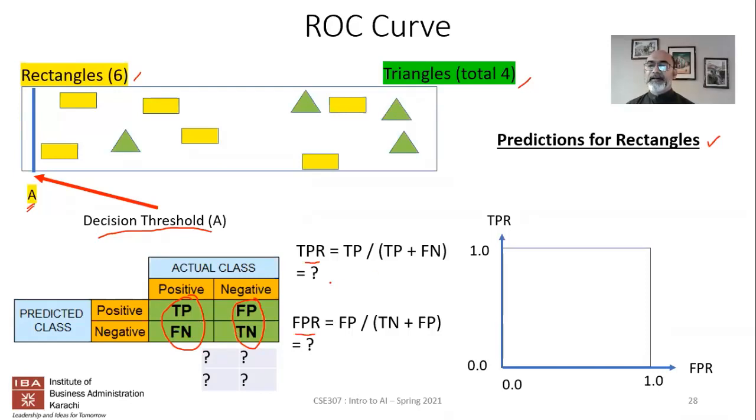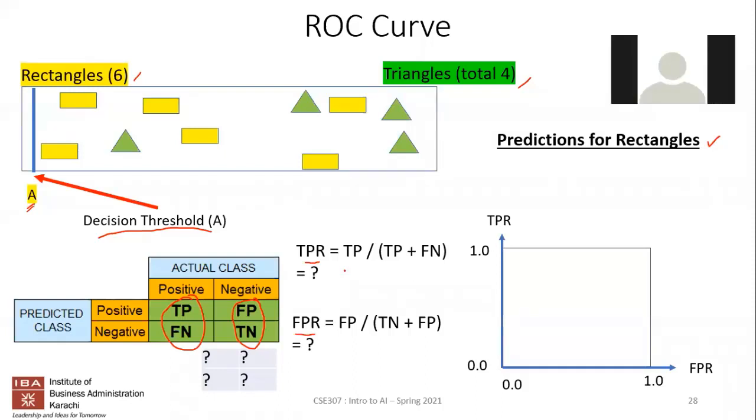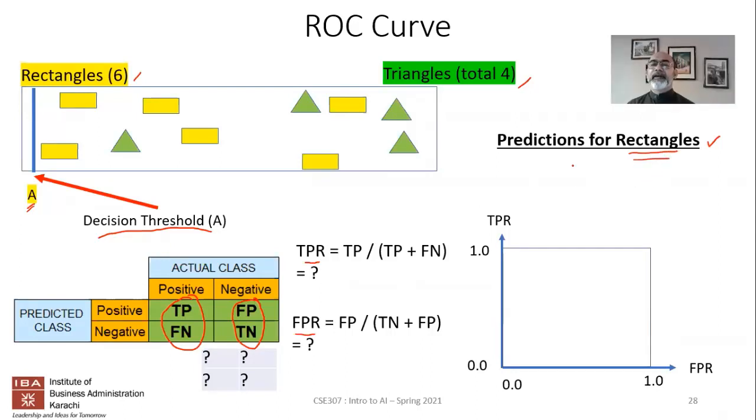So can somebody tell me what the answer here would be for threshold A? What would be the number of true positives? True positives would be how many? I'm sorry, speak up a little bit. We're looking at rectangles.